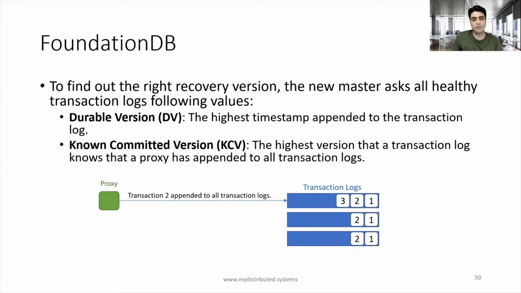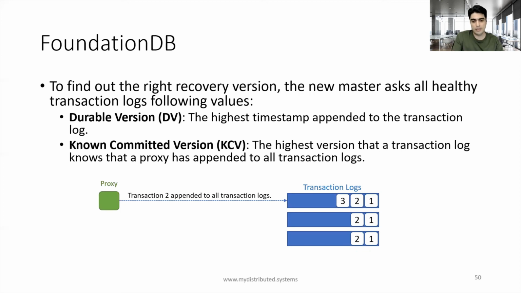So here, suppose the proxy informs the first transaction log that it has appended all transactions up to 2 to all transaction logs, but the proxy has not yet informed the other 2 transaction logs.